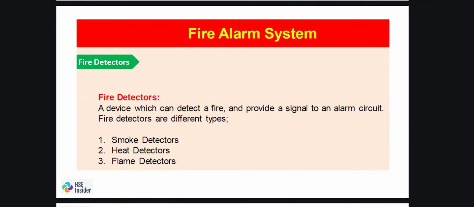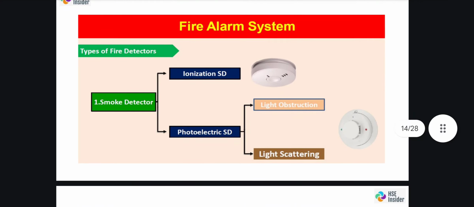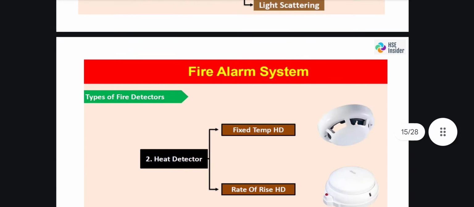So, fire detectors. Further, they are classified into 3 types: smoke detectors, heat detectors and flame detectors. A fire detector is a device which can detect a fire and provide a signal to an alarm circuit, basically the fire panel. Smoke detectors have 2 categories: ionization smoke detectors and photoelectric smoke detectors.